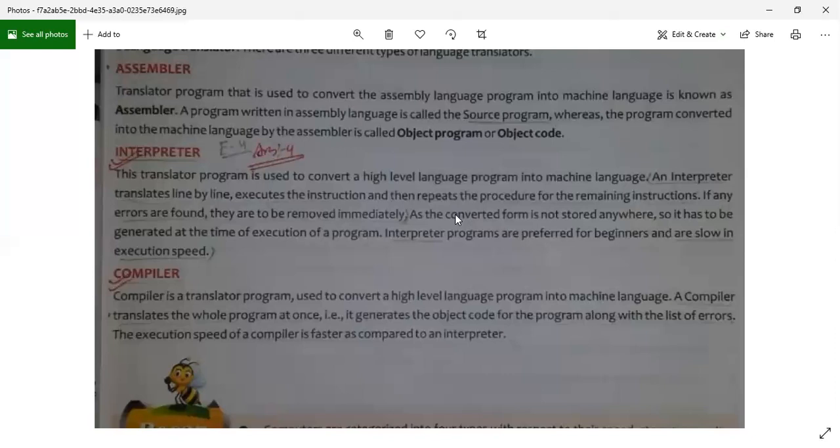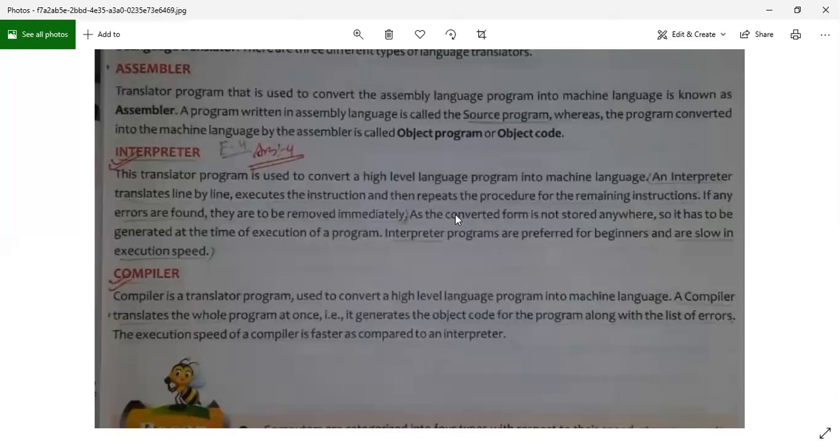An interpreter translates line by line. If I have written a program, the interpreter will read the program one line at a time, execute the instruction, and then repeat the procedure for the remaining instructions. If it reads the first line and sees there is no problem, it will execute it. It will say no problem, run that instruction.